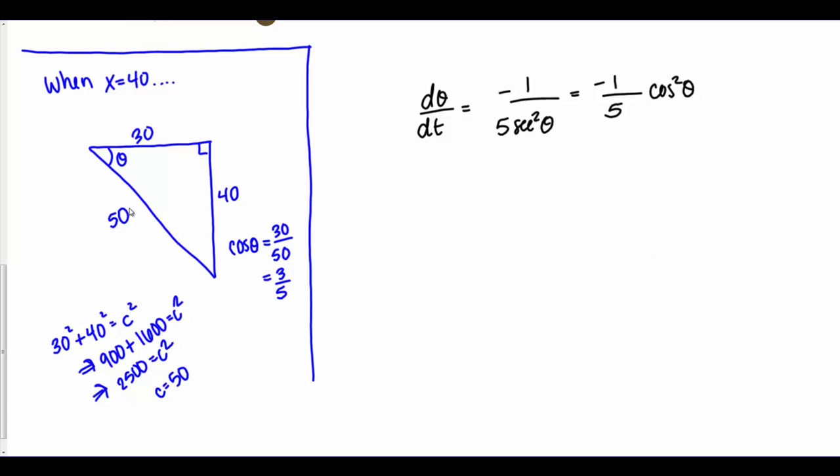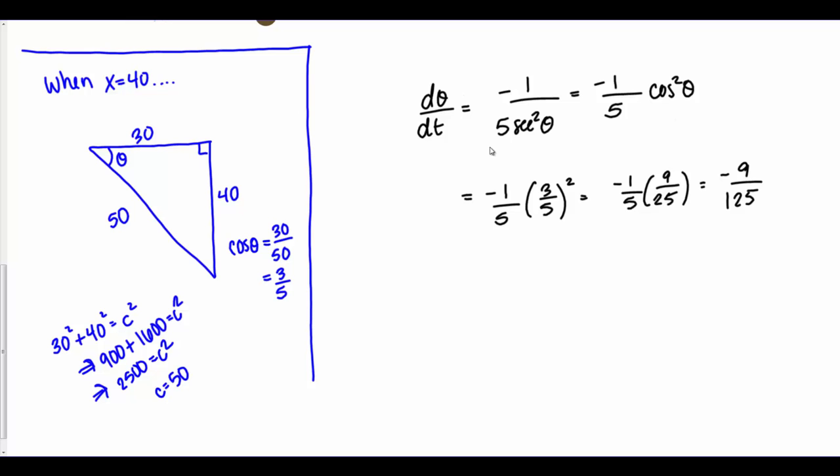So now I'm going to come over and plug that into my d theta dt relationship. So I have negative 1/5 and then cosine of theta squared. Okay, so 3/5 quantity squared. So that's going to give me negative 1/5 times 9/25, which is negative 9/125.